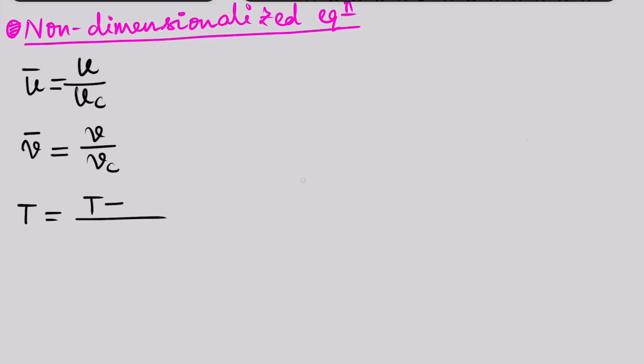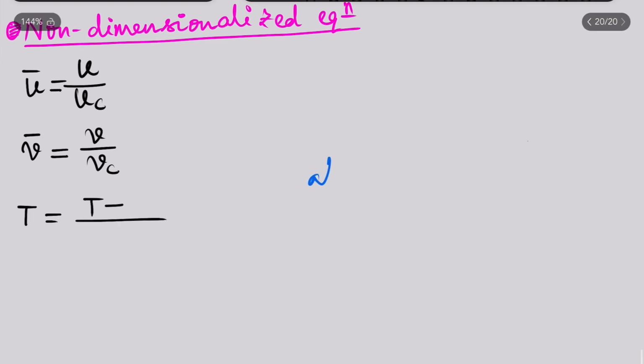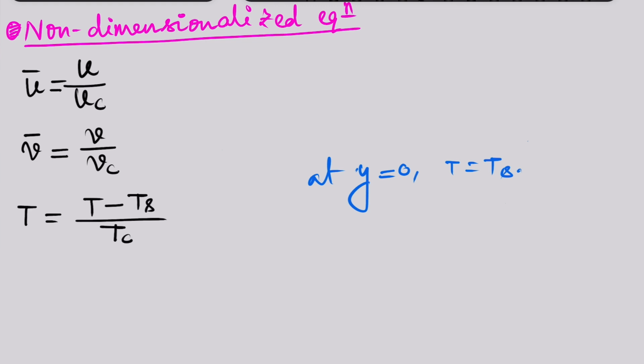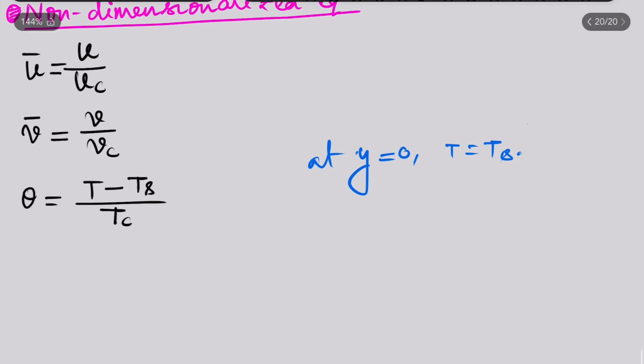So at y equal to 0, my T is equal to T surface. If I do this by Tc, that means if I use this formulation of T, it will make it so that at y bar equal to 0, my T bar will be 0, or I should denote it by theta.